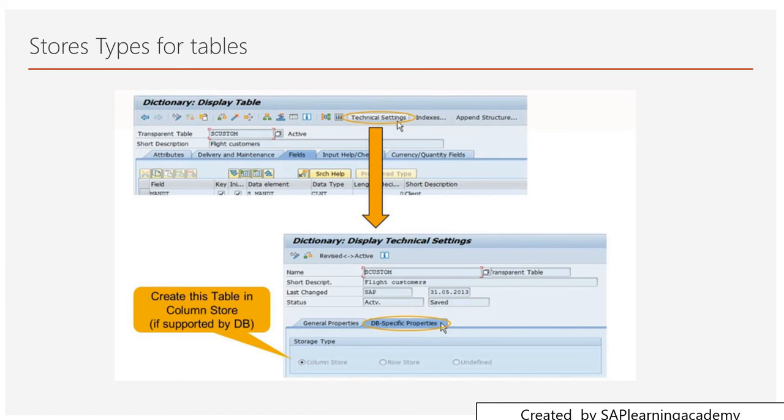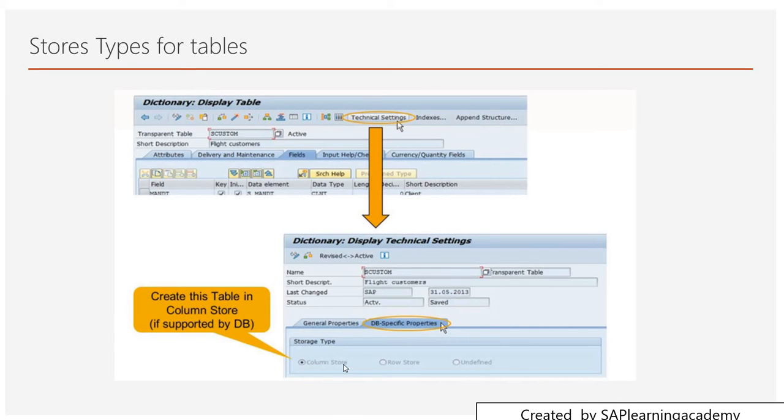So yes, the first one, the storage type for tables. When you open the table in SE11 in your SAP screen, then you can find the option called technical setting in the top bar menu, and then you go to DB specific properties, and here you can choose the option like column store or row store.